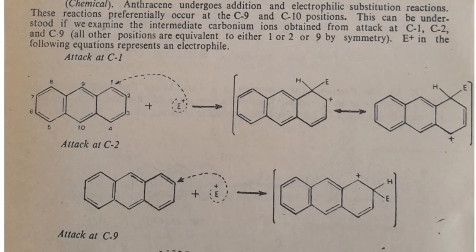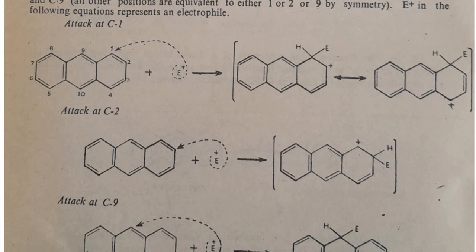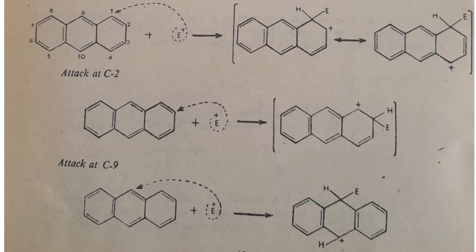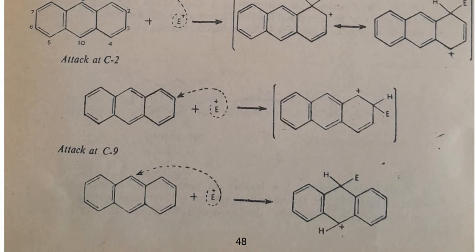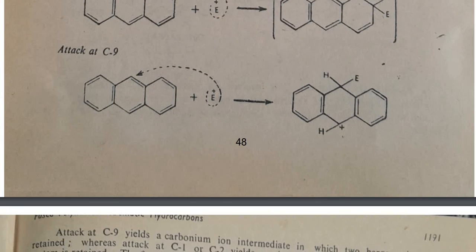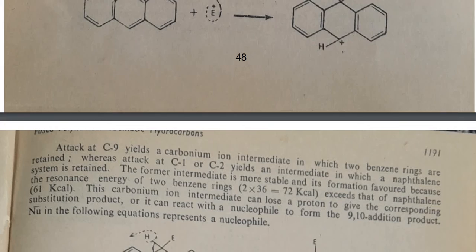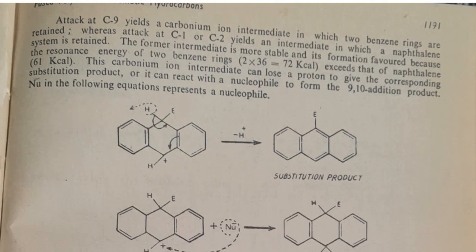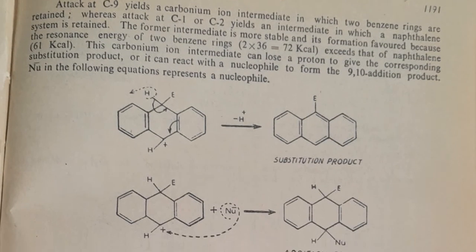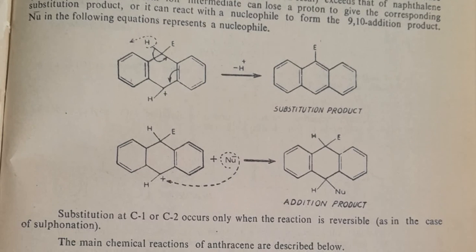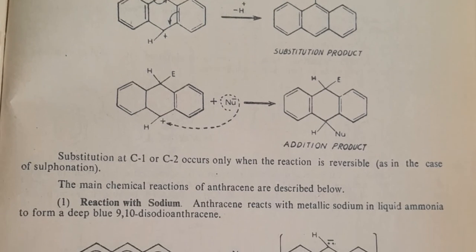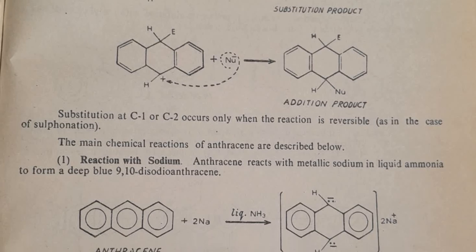Now the properties of anthracene: you can see attack at carbon 2 and attack at 9. So attack at 9 is more favorable in comparison to C2, because here the benzene ring and aromaticity have no problems. So both substituted products and addition products are possible.